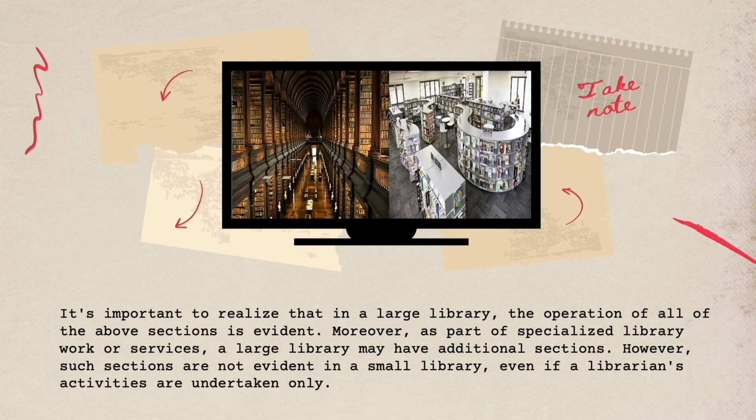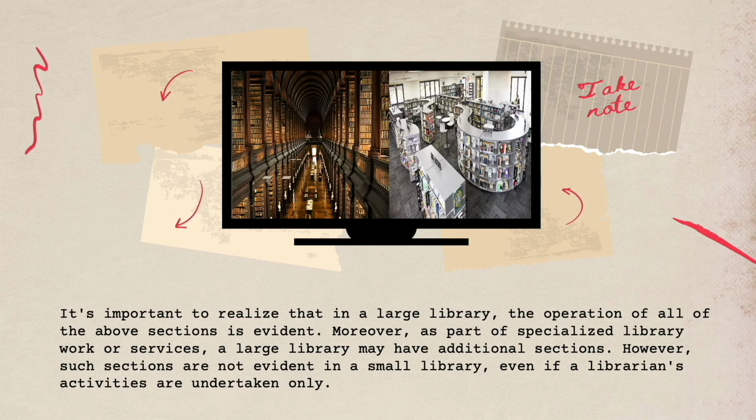You may have realized that some sections are basically similar in nature. Whether it may be called a periodicals section or serials section, for example, will depend on the purpose, mission, and goal that the academic library is trying to meet. It's important to realize that in a large library, the operation of all of the above sections is evident.